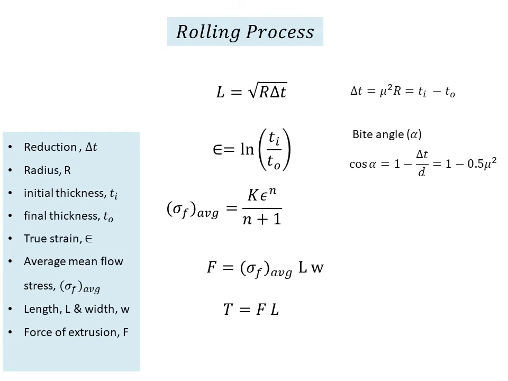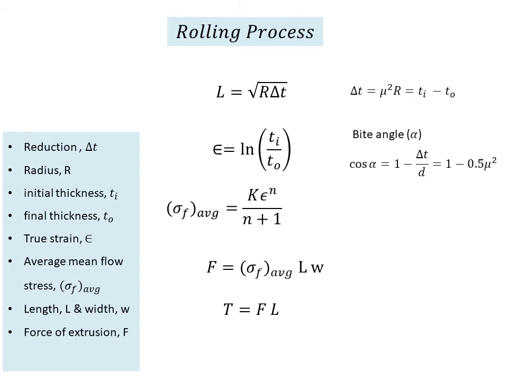So the next will be epsilon. True strain is equal to ln of ti upon to, and the average flow stress is equal to k epsilon raised to n upon n plus 1. And the force can be calculated by sigma f average into length into width, and the torque can also be calculated by T is equal to force into length.